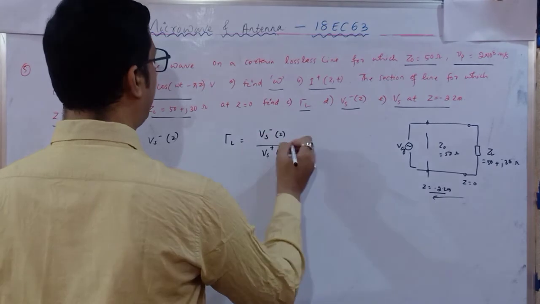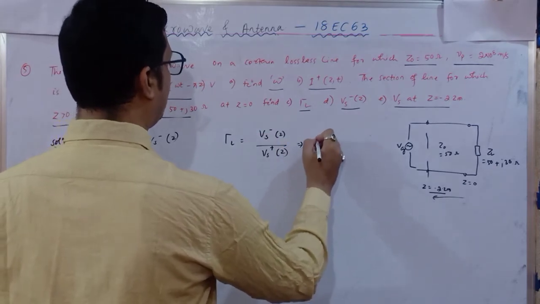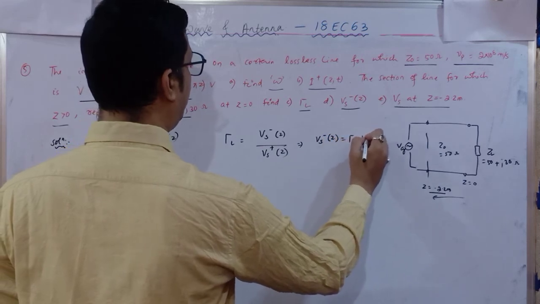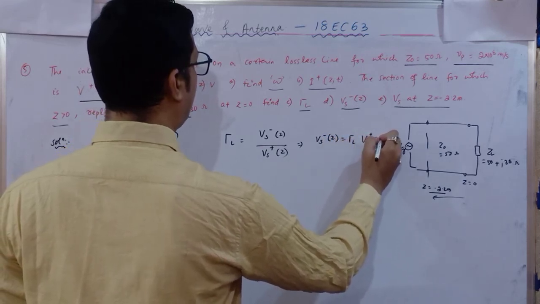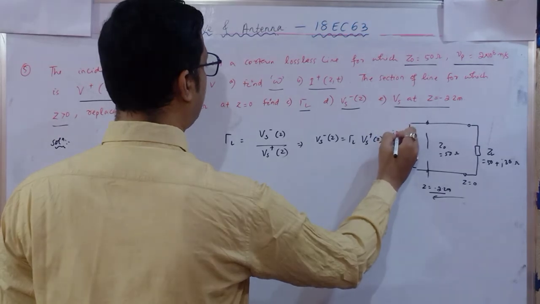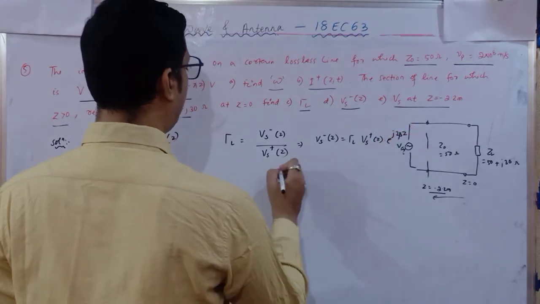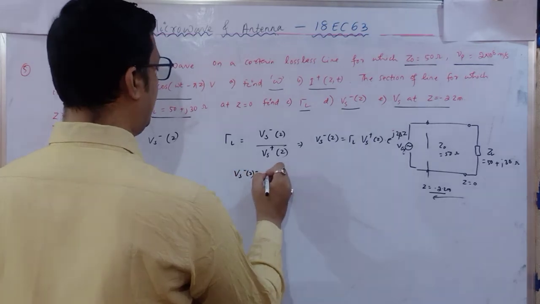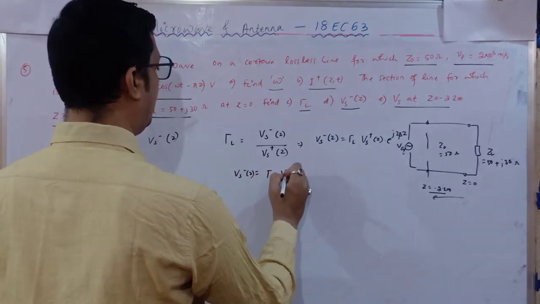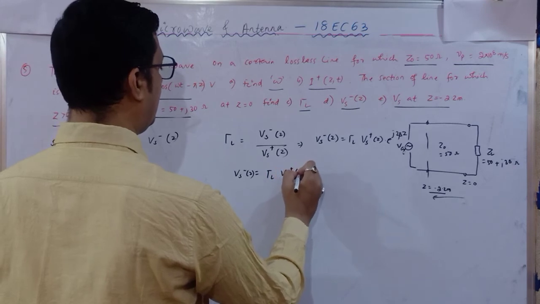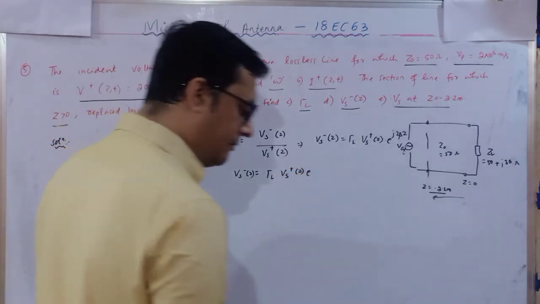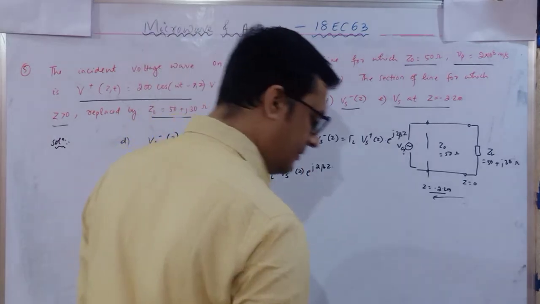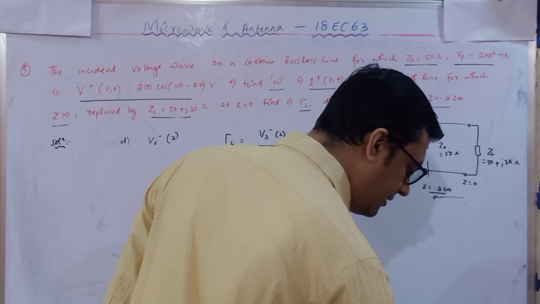So this is only the magnitude part I am taking. So Vs minus of z equals the reflection coefficient times Vs plus of z times e to the power j2 beta z. So now we have to calculate all these factors.